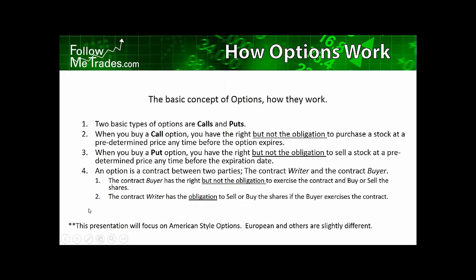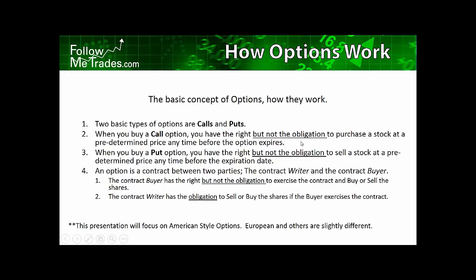All right, so there are 2 basic types of options. There's calls and there's puts. This might be stuff a lot of people know, but it's just good to review. When you buy a call option, you have the right, but not the obligation, and I've underlined that, and that's an important concept.